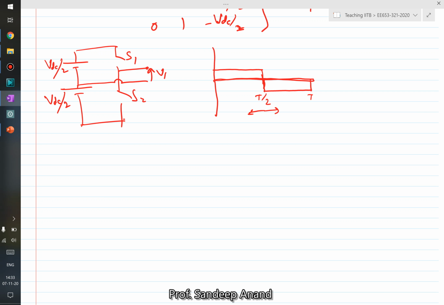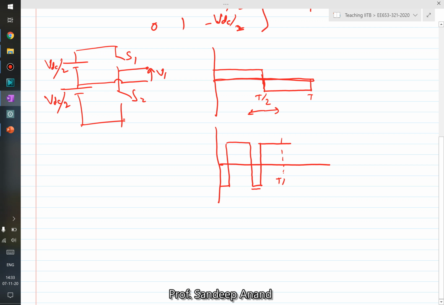So next thing, what will you do? Maybe you would add some more switching, for example, and you would try to create this kind of waveform. So in this case, let's say I'm adding one switching here, then another switching here, and a third switching here, right? And I've only drawn it till t by 4, so these are not time aligned.